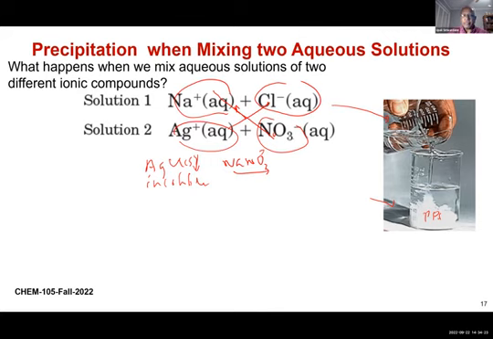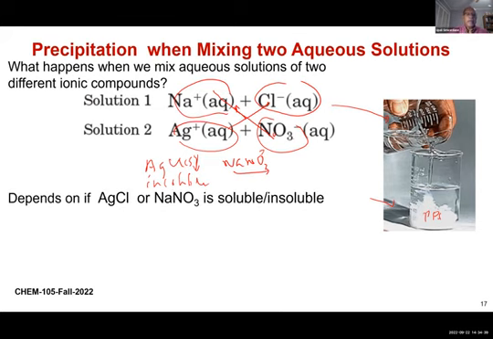That's what takes place. When you mix two solutions of salts, they produce different combinations of cations and anions. That could lead to insoluble salt formation, depending on whether silver chloride or sodium nitrate is insoluble or soluble. Silver chloride is insoluble. I will show you in a minute how you get it. Sodium nitrate is soluble and remains in the solution, so silver chloride comes out.